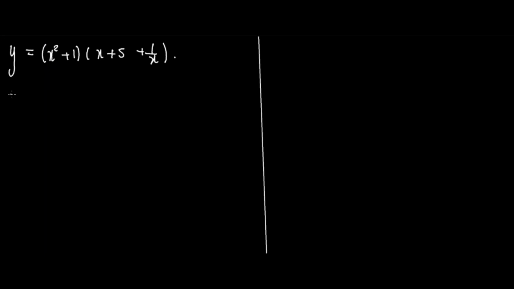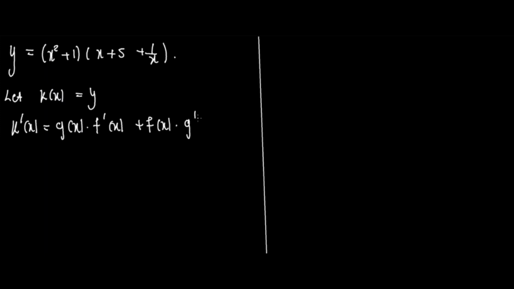Find the first derivative. So always we're going to say that let k of x equals to y. So now we know that k of x is equals to y. And the product rule says k prime of x is equals to g of x times f prime of x plus f of x times g prime of x.